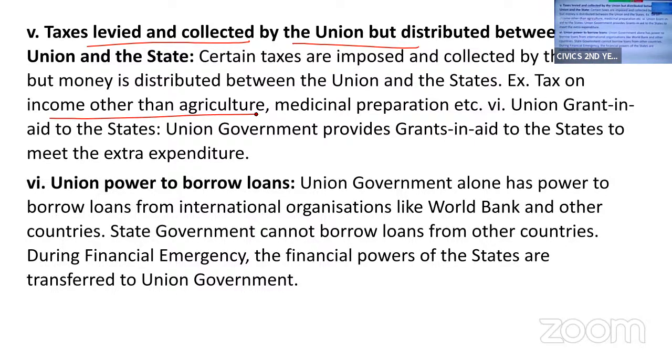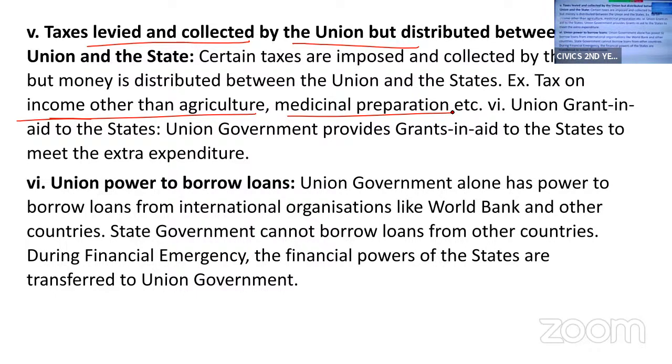If you are paying tax on agricultural land, that is to the state government. When you are paying income tax on other than agriculture, you are paying it to the union government, and the union government will distribute it between the states. Then taxes on medicinal preparations.